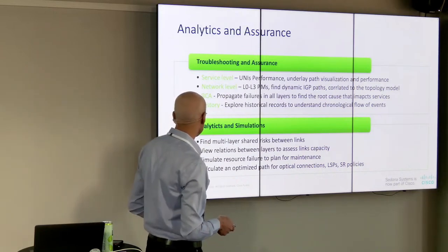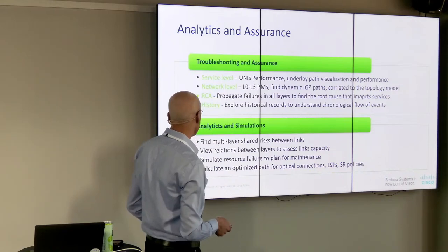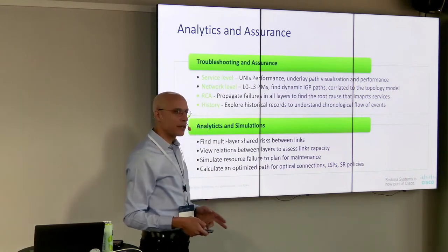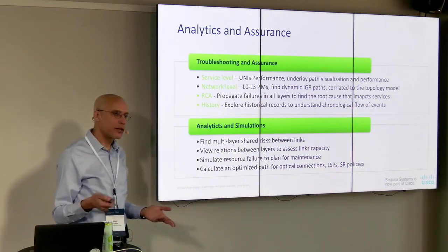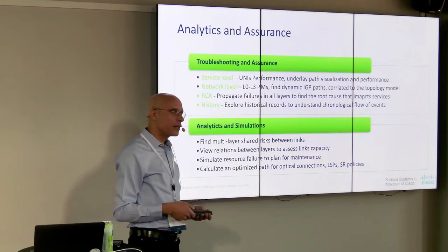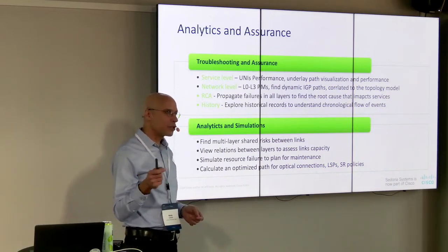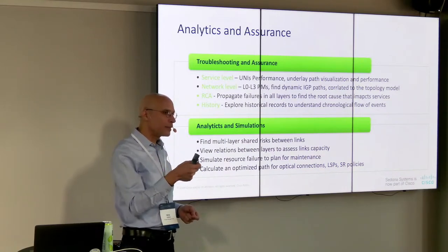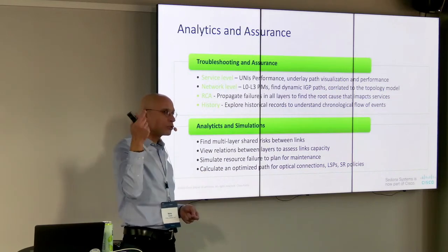And in addition to the assurance, we have also the analytics and simulations, meaning you can ask yourself questions like, are there any risks in my network? So for example, do you see any potential failure point, which if an optical link, for example, will be down, there will be several other links in the IP that will be down too.